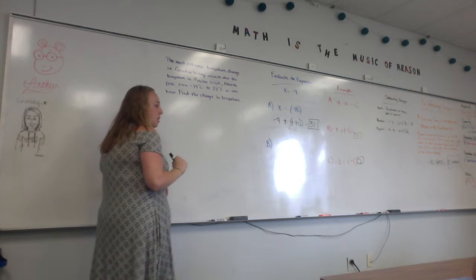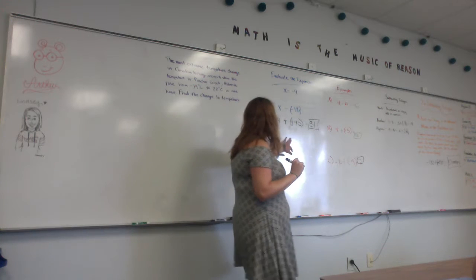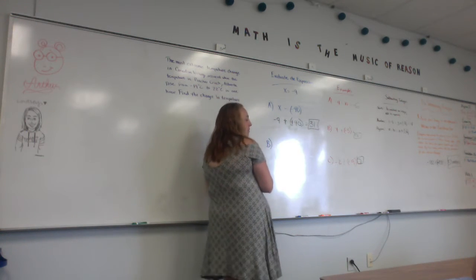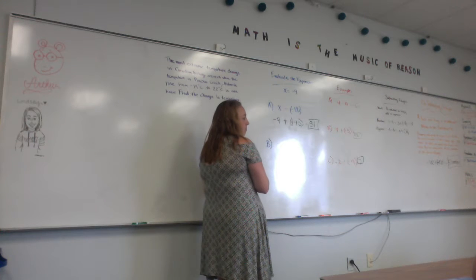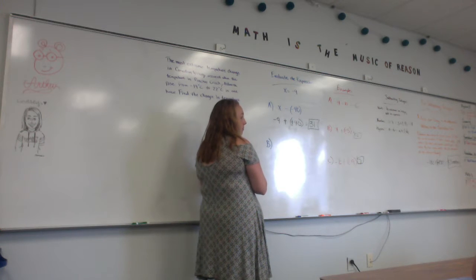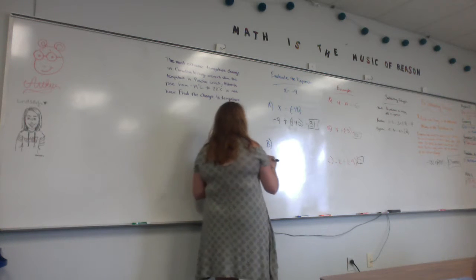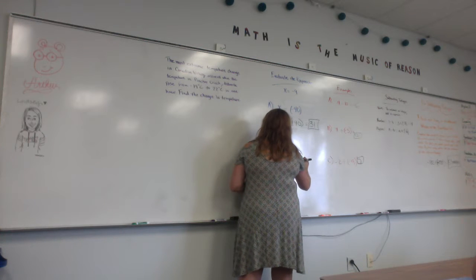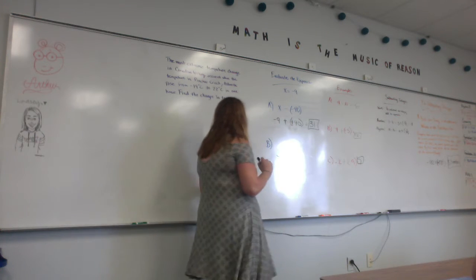Josh, tell me how to do 7 minus x. What do I have to do first? What is x? Oh, -9. So I need to plug that in first. So 7 minus, and I'm going to put parentheses because there's another negative, 7 minus -9.